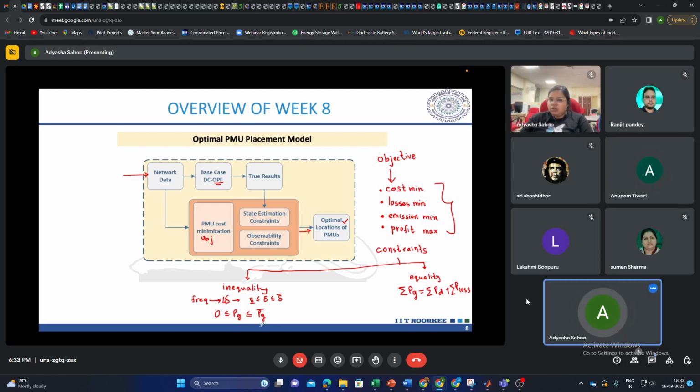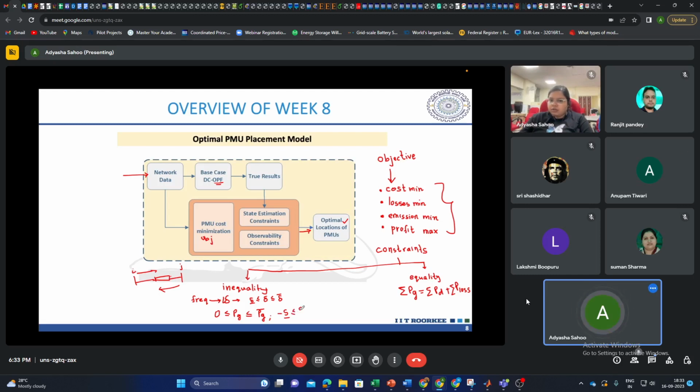Then what about transmission lines? They will also have certain limit, and we know this line power can flow from both the directions, right? I to j or j to I. So this line limit, let's say its maximum capacity is S. So if you consider in this direction, the minimum power flow will be negative, because it can also flow in this direction.